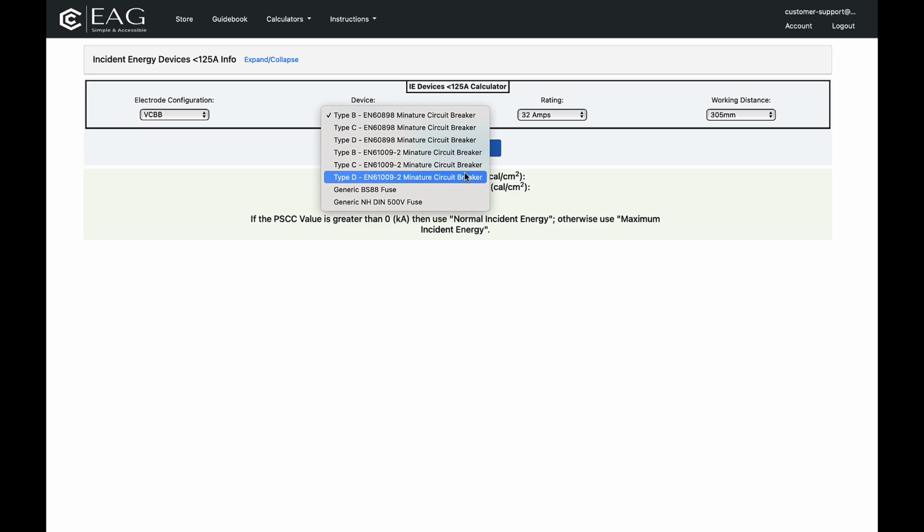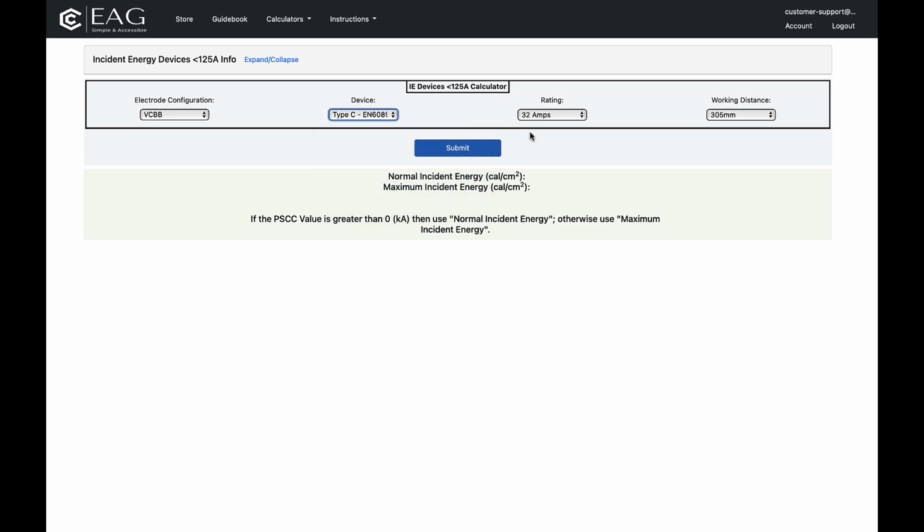We'll choose a Type C EN60898 MCB. In the next field, you can select the current rating of the protective device, which is from 32 amps up to 125 amps. We'll choose 100 amps for this example.